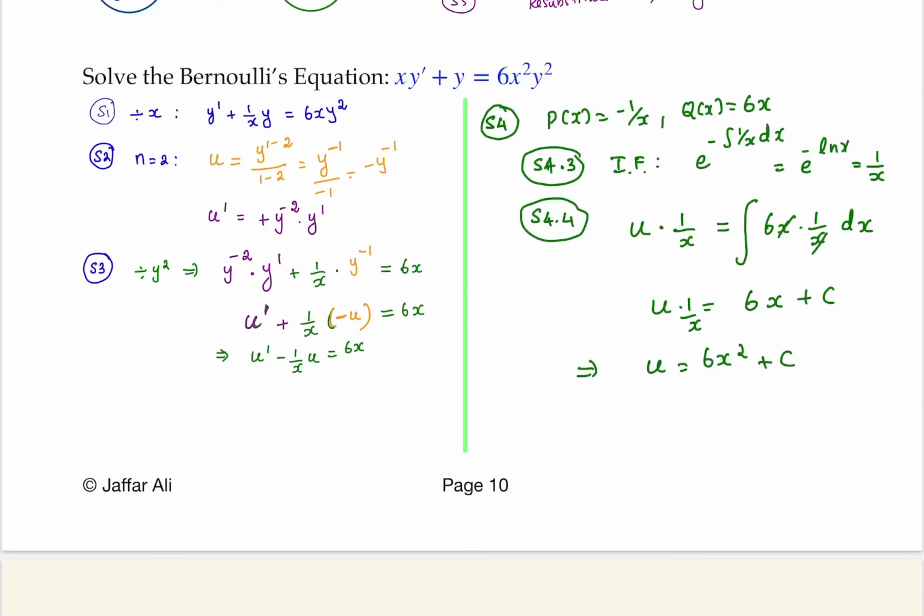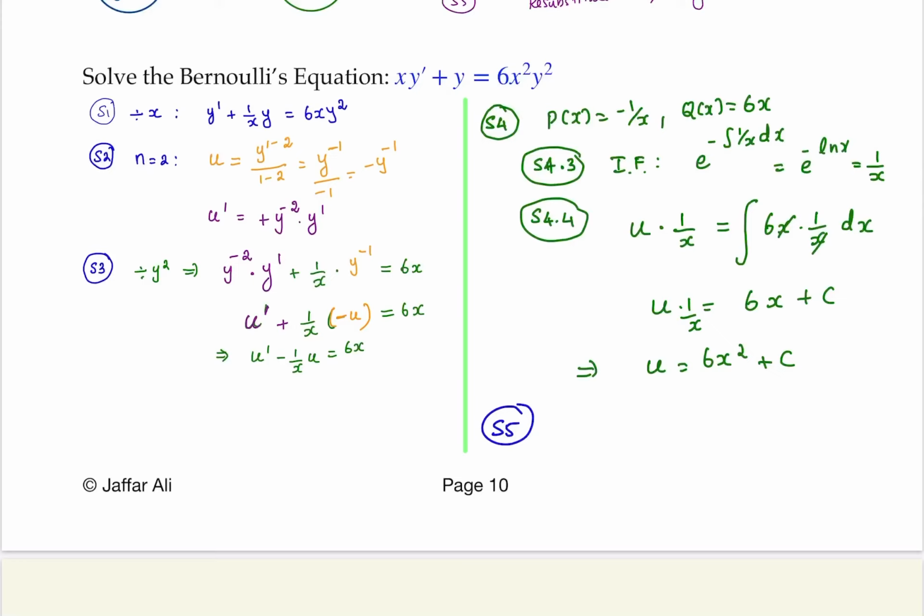If I do that process, what I'm going to have is step number 5. If we go back to step number 5, then u is equal to, as you see here, u is equal to negative y to the negative 1.